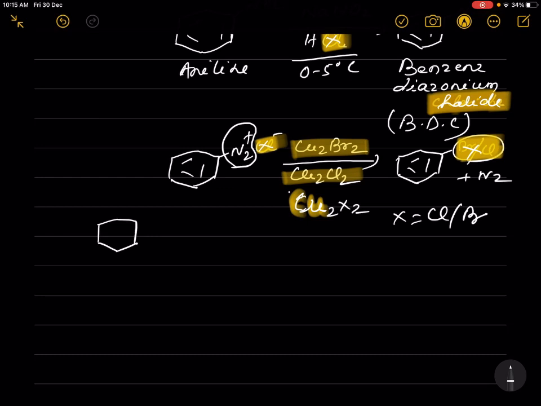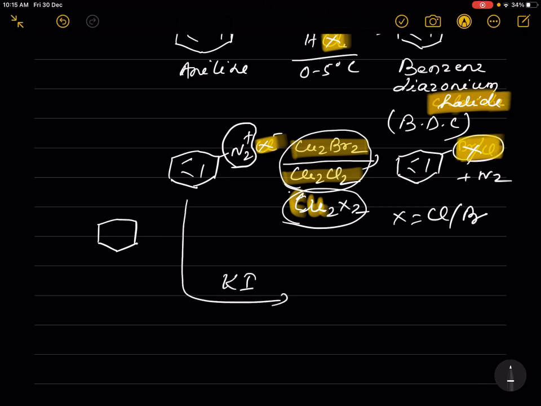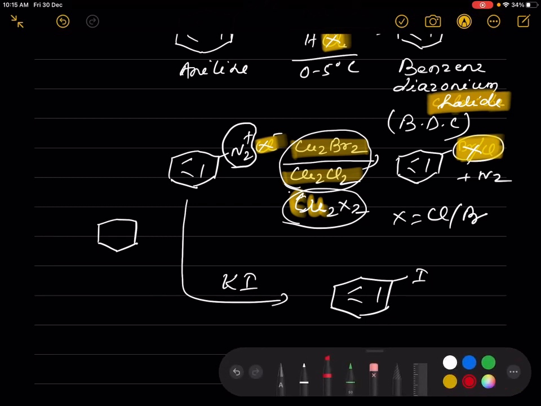Next, iodobenzene can be prepared easily. Replacement of the diazonium group by iodine does not require the presence of cuprous halide. On treatment with potassium iodide, it gives iodobenzene directly. This is the diazonium group.